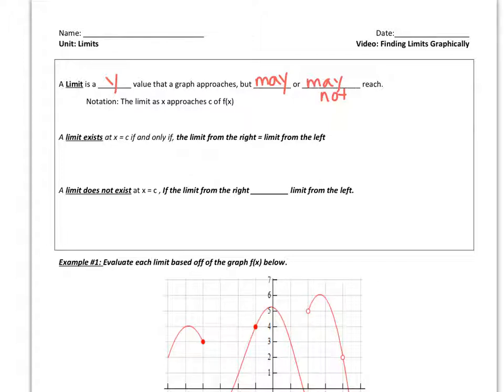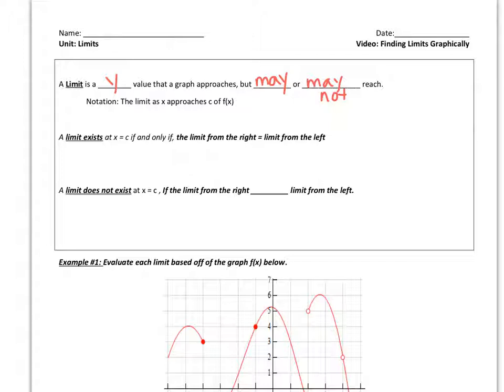That's the proper notation. Now, a limit exists at x equals c if and only if the limit from the right is equal to the limit from the left. So we write the limit as x approaches c from the right with a plus sign, of f of x, has to be equal to the limit as x approaches c from the left, with a minus sign.